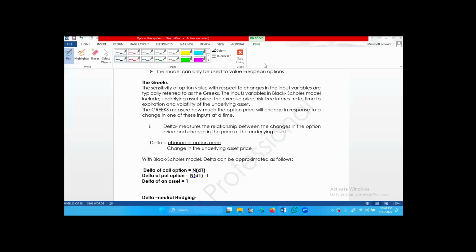Damilola, yes. Sir, what does this N stand for? The N in the formula, you said the delta of a call option is equal to capital N into bracket d1.